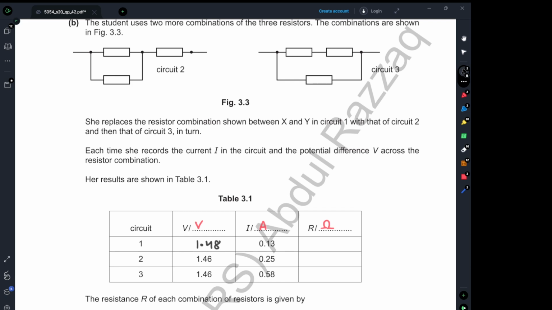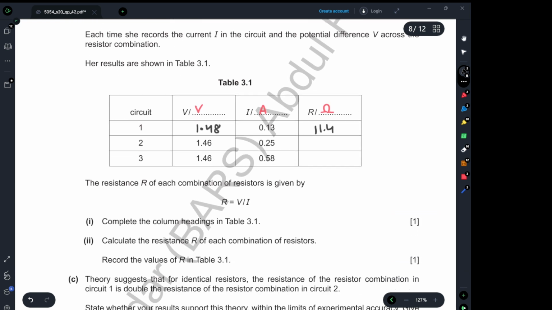So 1.48 divided by 0.13. All right. So 1.48 divided by 0.13 should be equals to 11.4. ठीक है, ये 11.4 ohms आ गया.